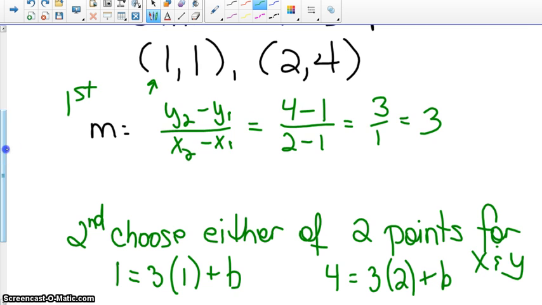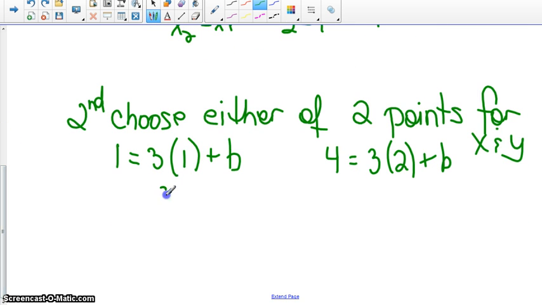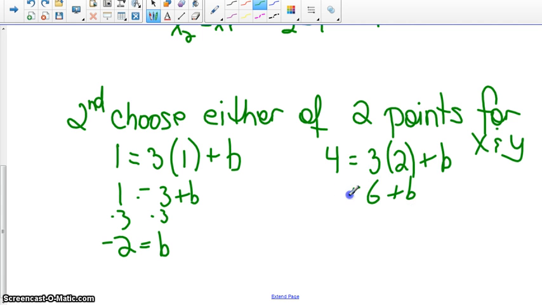See if we come up with the same answer here for b. So this is going to be 3 plus b equals 1. Subtract 3. b is equal to negative 2. And the other: 6 plus b, you can already see it, negative 6, negative 6. So b is equal to negative 2.